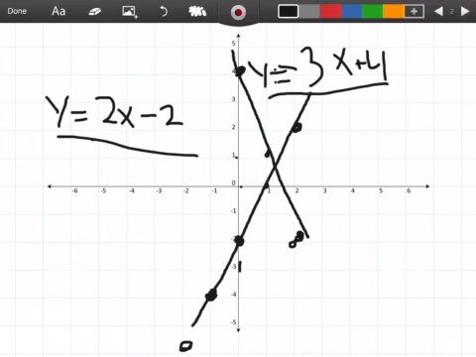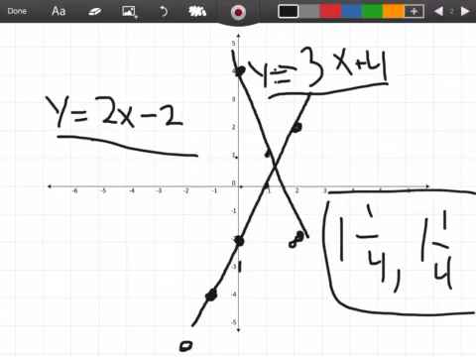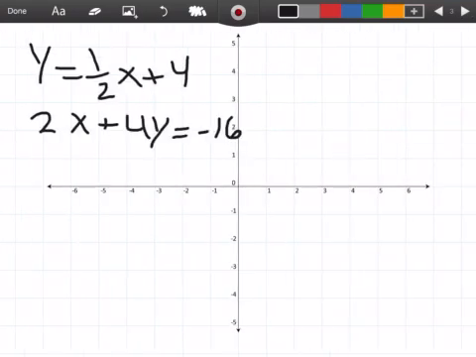So we have 1 and 1/4, and 1 and 1/4. This would be our solution. I don't really have a ruler to measure it, but it's close enough.